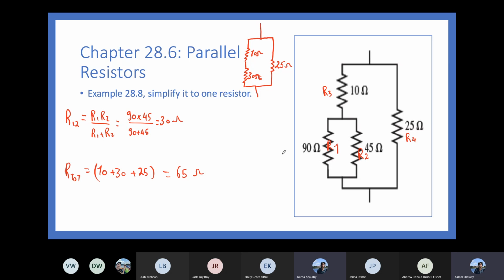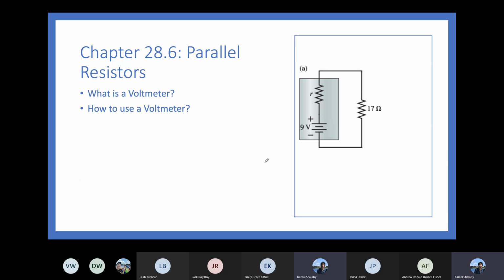Okay, any questions about anything I did? Take that as a no. Okay, then we move on to voltmeters.